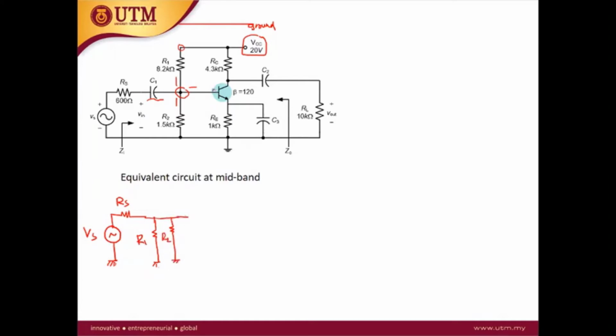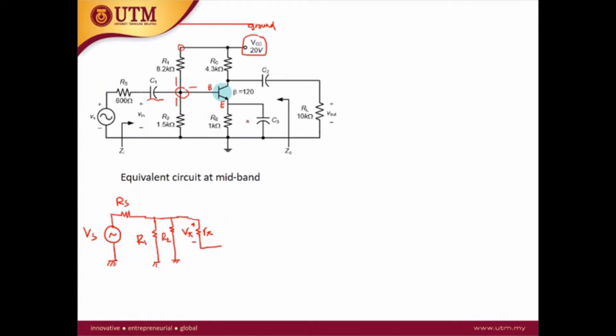Now we come to the base of the transistor. Between base and emitter we have r pi, and the voltage across r pi is V pi.